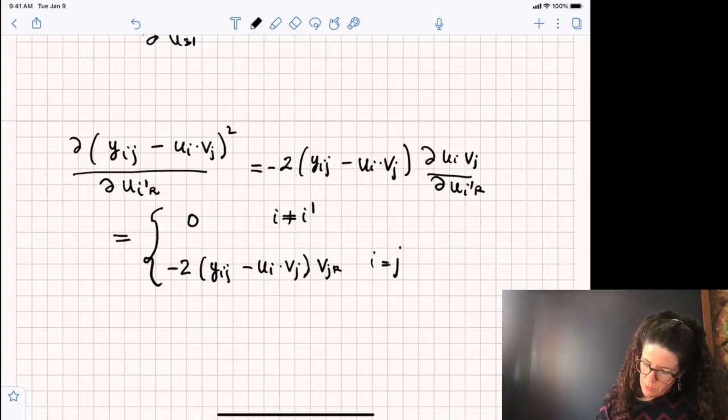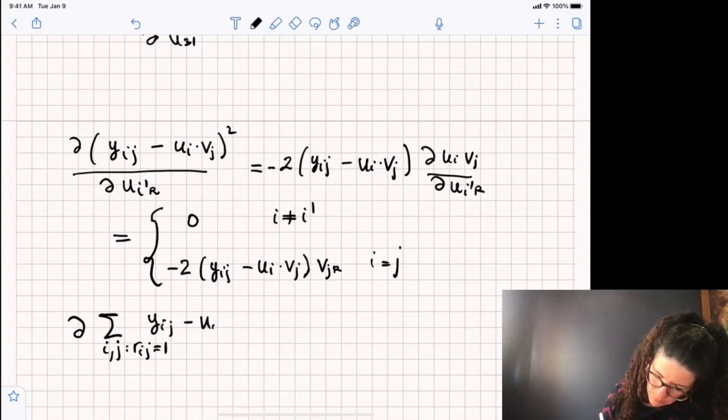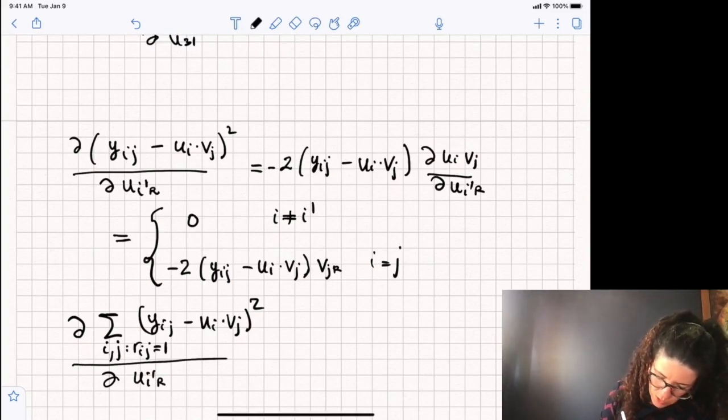Now, what we are actually interested in is the derivative of the sum over i, j such that rij is equal to 1 of this, with the 1 over n that I'm going to put down here. So we want the derivative of all of this with respect to u i prime k.